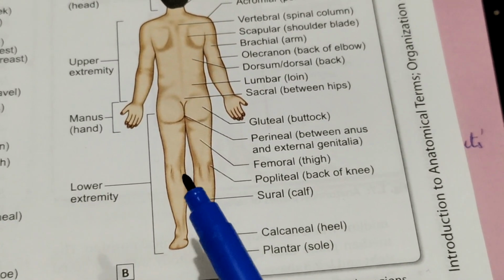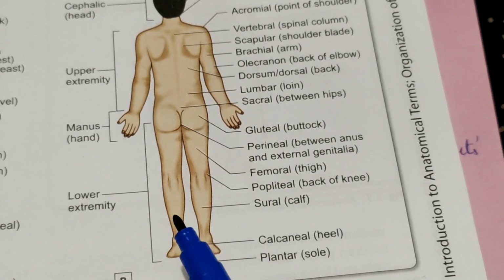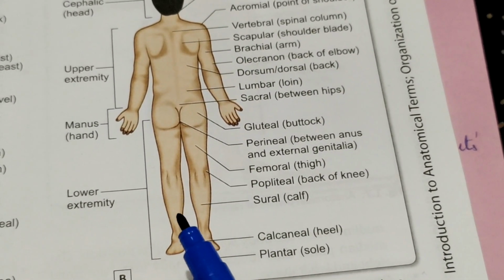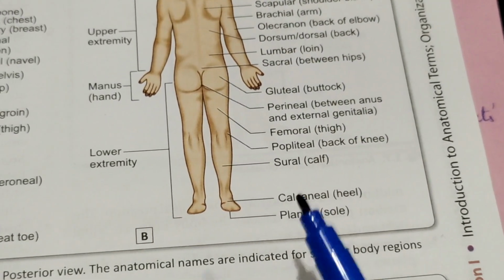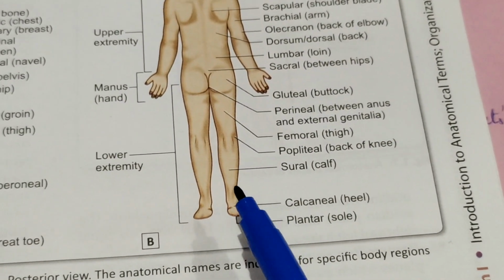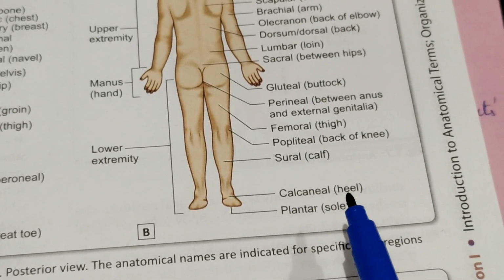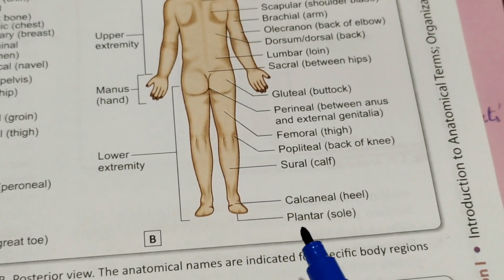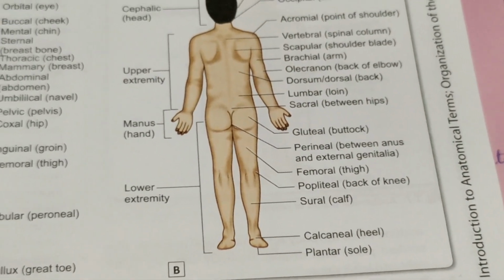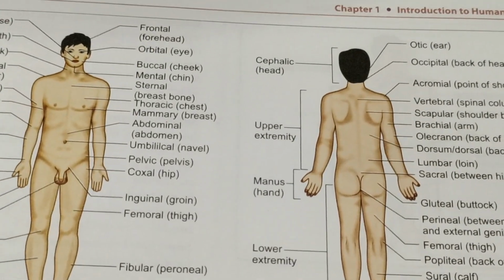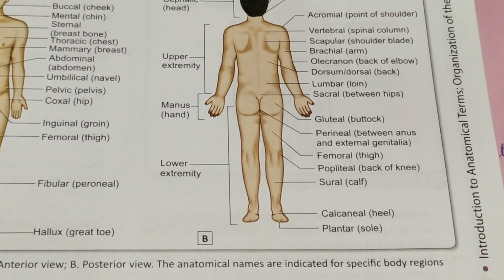Then the back of the knee, popliteal. Then the calf, sural. Then the heel, calcaneal. Then the sole, plantar. So these are the terminology we use in the posterior view.